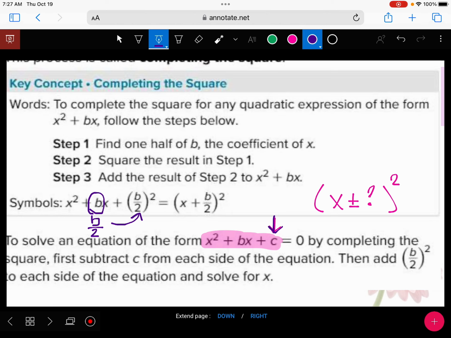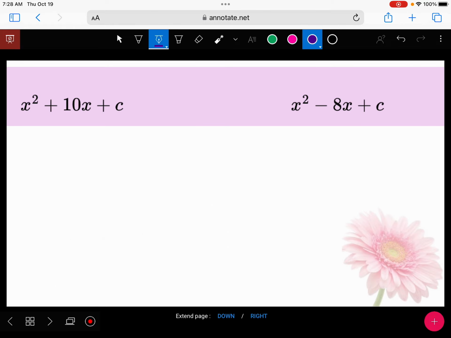Which I know it's a whole lot of gobbledygook when it only has letters. Completing the square is, I think, one of the most difficult concepts to wrap our brain around. So if this is hard, that's normal. So I'm just going to skip past this wall of text.